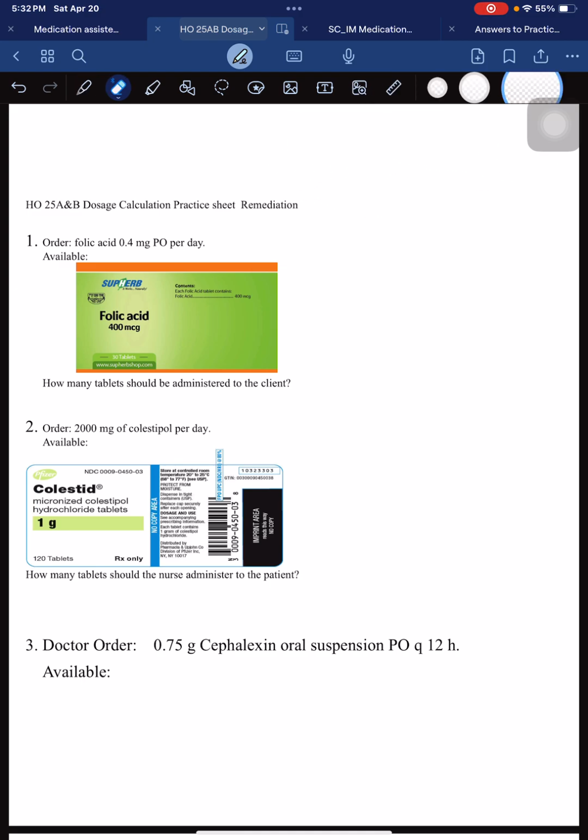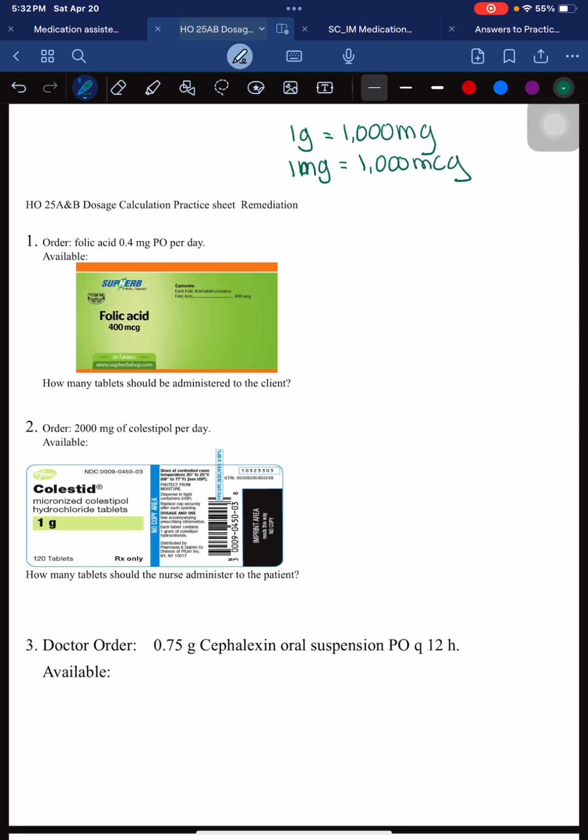Let's try this again. 1 gram is equal to 1,000 mg, and 1 mg is equal to 1,000 mcg. Okay, so this is the key that you need to know when you're converting.